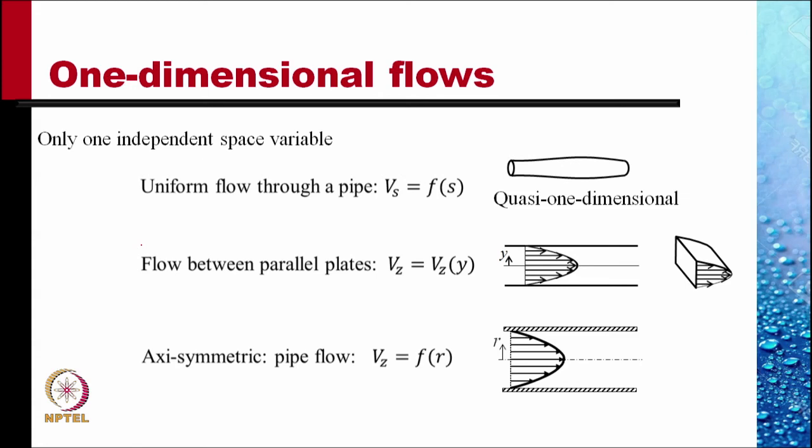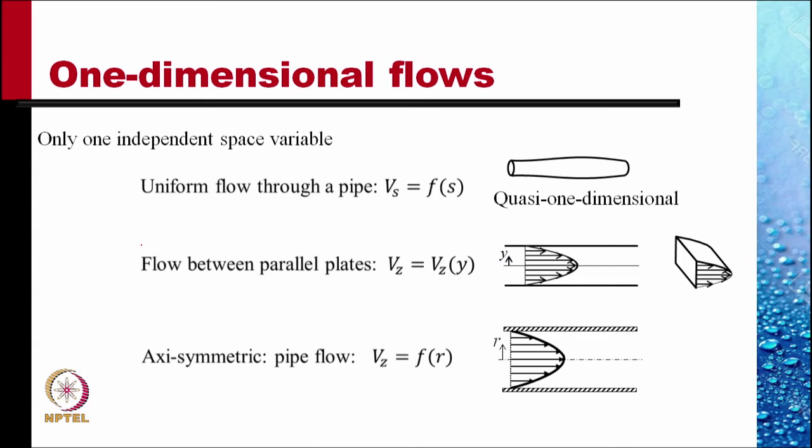and we can assume the flow to be uniform, that at each section of the channel the velocity is uniform. That is, it does not vary across the cross section of the channel. So we can write Vs, the velocity in the S direction, the downstream direction, is a function only of S. If it is a uniform channel, then Vs is constant.